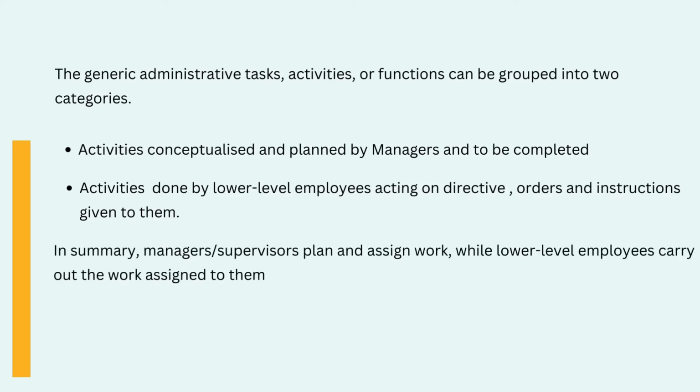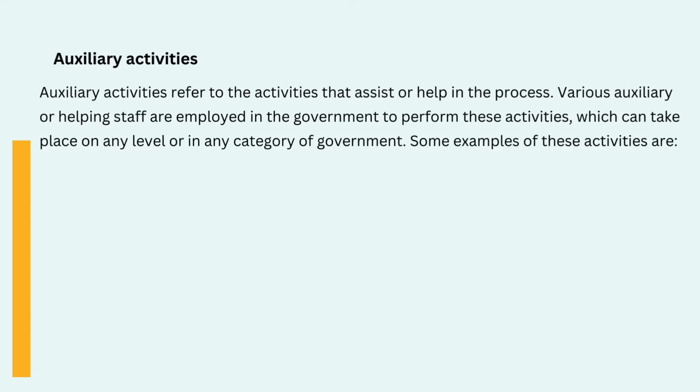In summary, managers or supervisors plan and assign work, while lower-level employees carry out the work assigned to them. 2. Auxiliary activities. Auxiliary activities refer to the activities that assist or help in the process. Various auxiliary or helping staff are employed in the government to perform these activities, which can take place on any level or in any category of government.